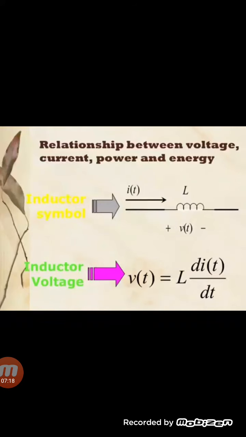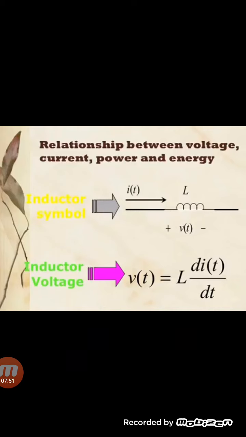Now students, two things are very important to understand. One is the inductor current and the other is the inductor voltage. What is current? Does any one of you know what current is? Current is the flow of charge, right? So for inductor symbols, we have this spring type of inductor.